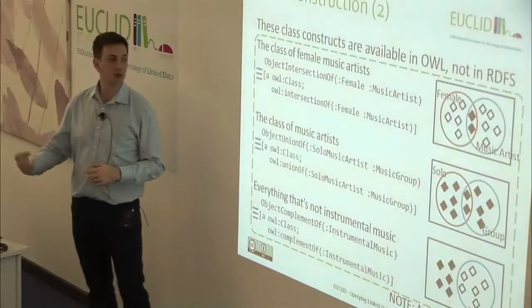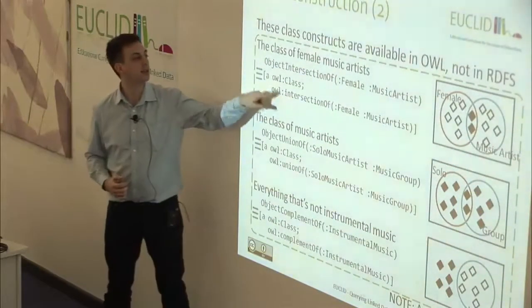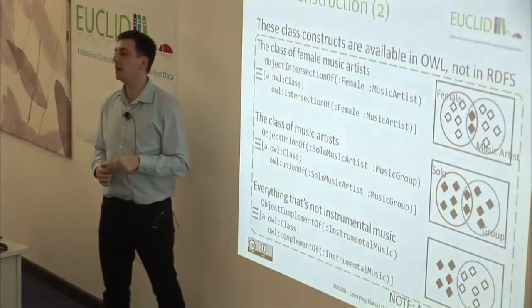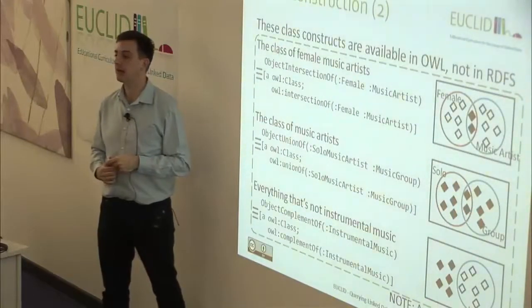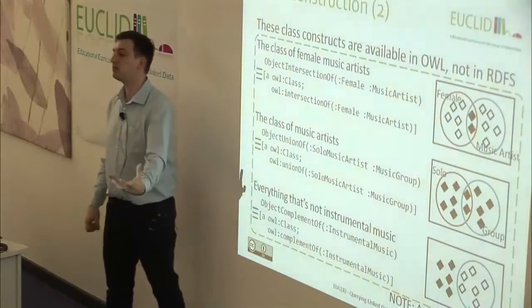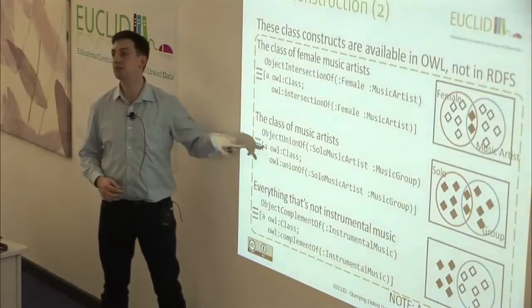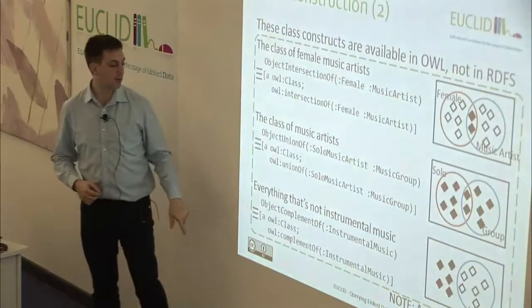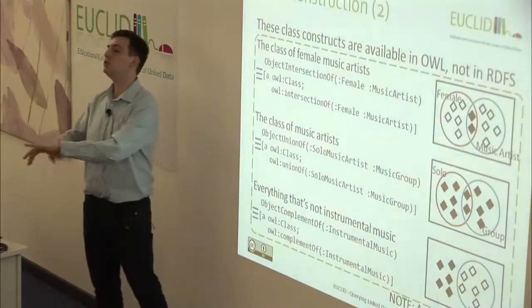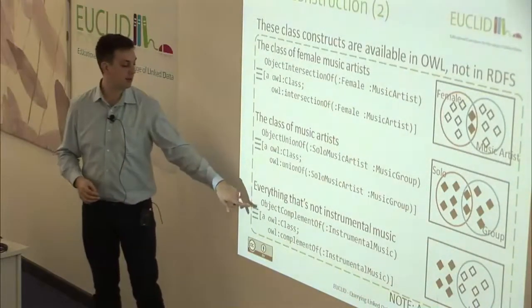If some resource is in the class female and it's in the class music artist, then it's necessarily a member of this anonymous class. Okay? Instead of intersection, we could have said union of. So if it's either in one or the other or both, then it's inferred to be a member of this anonymous class. Or if we use complement of, if it's not a member of the class that we specify, then it is a member of the anonymous class, and vice versa.